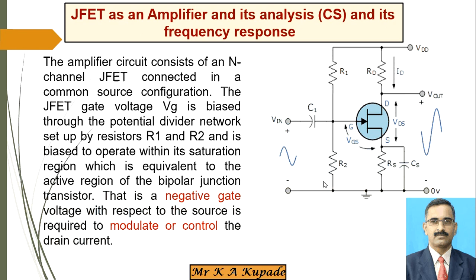RS has a parallel capacitor connected to the source terminal of the JFET, and as usual the drain terminal has the resistance RD. The output is taken at the drain terminal.